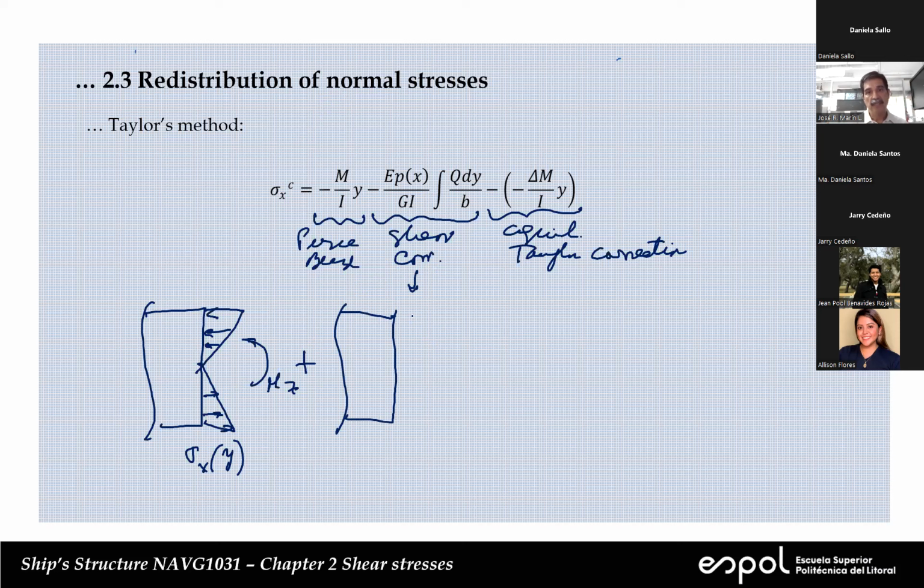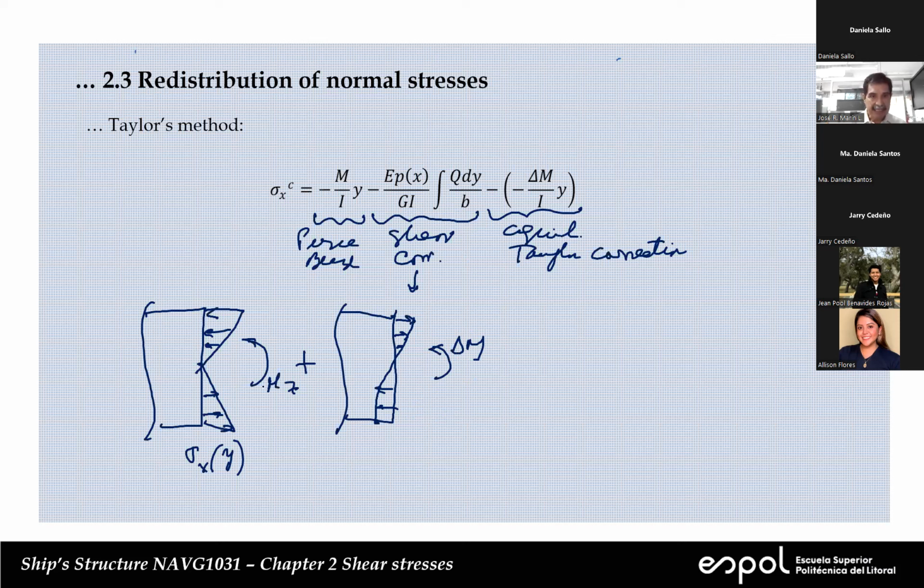Let's suppose that we have something like this, with positive here and negative here. If we integrate this, we're going to get some delta M. So delta M is the integration of the first moment of this stress.